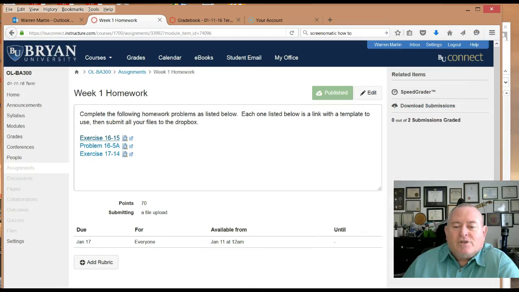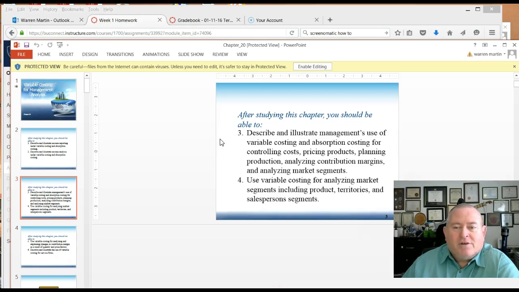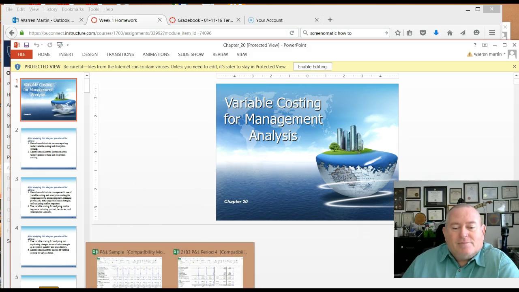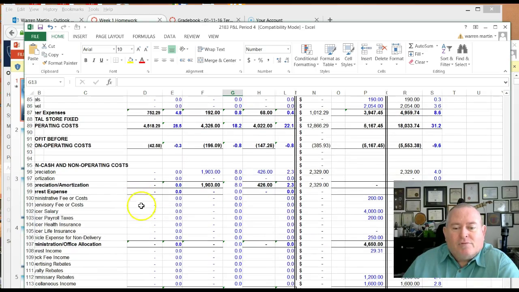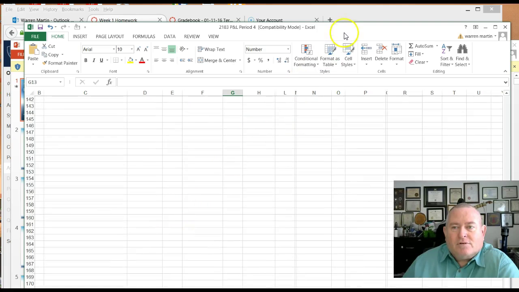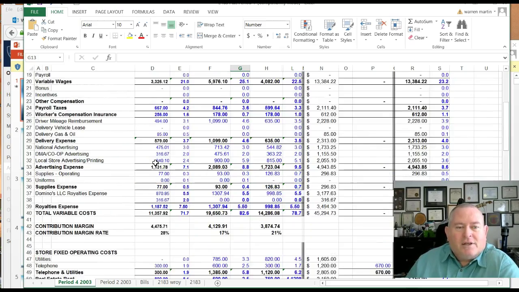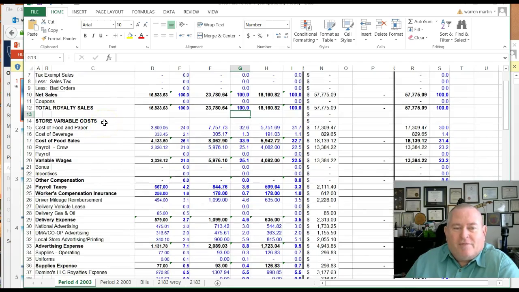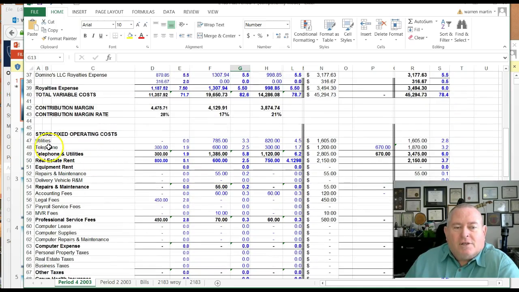Chapter 20 talks about variable costing and management. Again, a lot of stuff in here. Just for the terminology, I'll show you an example, because sometimes people get confused about variable cost. Variable costs are things that are not fixed. Fixed costs are things like your rent.